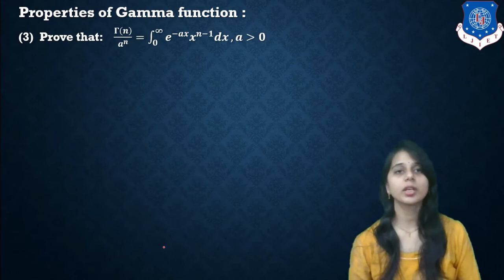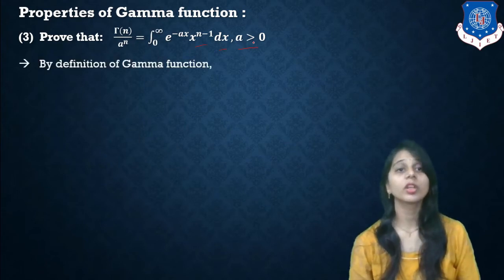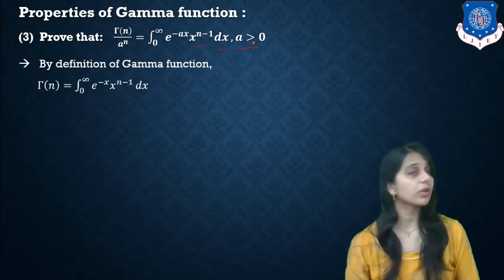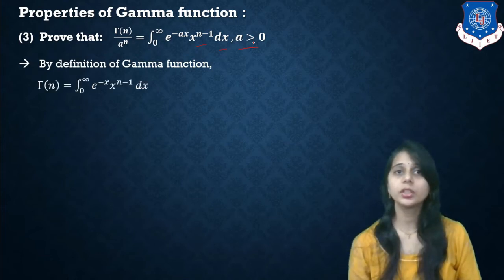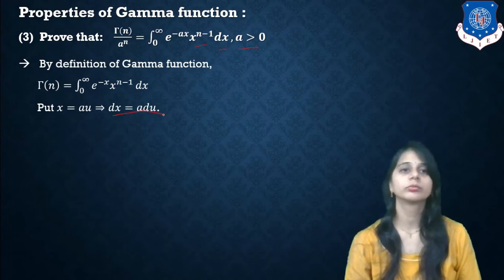Prove that gamma n upon a raised to n equals integral 0 to infinity e raised to minus ax, x raised to n minus 1 dx, a greater than 0. By the definition of the gamma function, gamma n equals integral 0 to infinity e raised to minus x, x raised to n minus 1 dx. Put x equals au, dx equals a du.